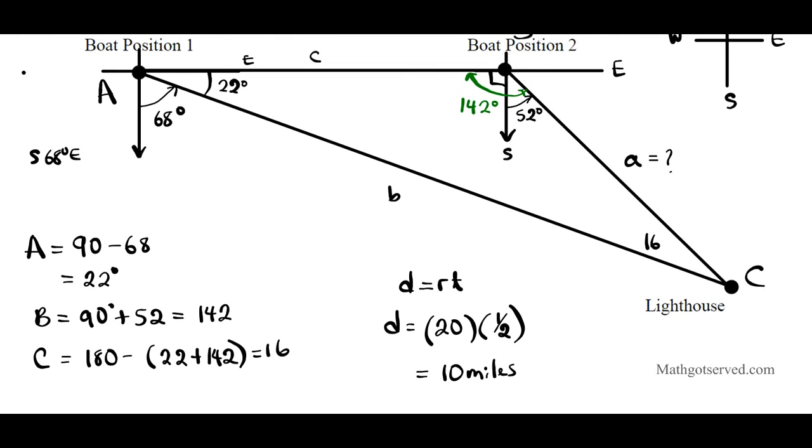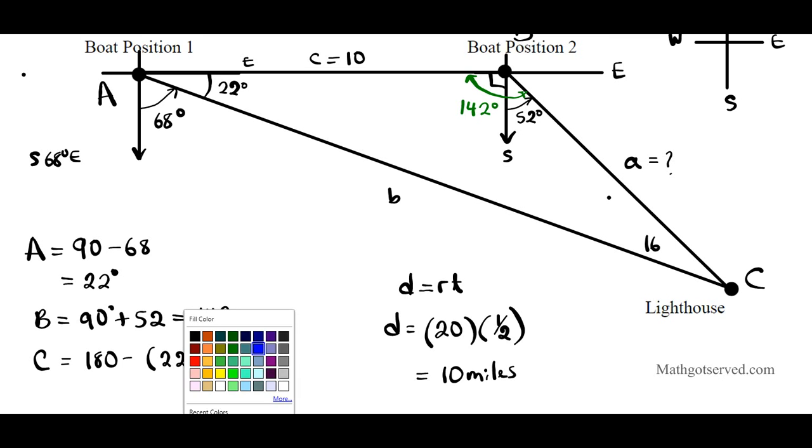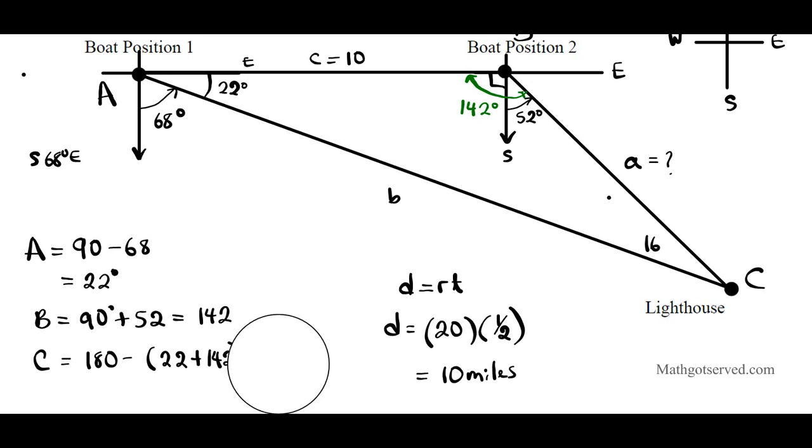So what does that mean? That means little c is 10. All right? So there goes our triangle. So now we can try and figure out what the value of A is. Since we have AAS in this orientation, do we have a pair that we can use to figure out the value of A?